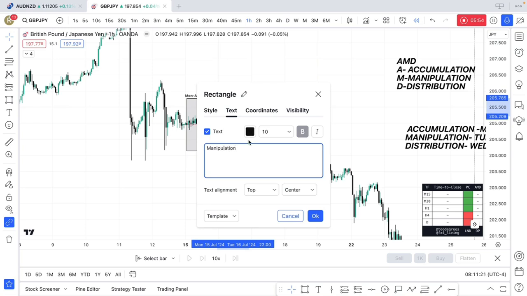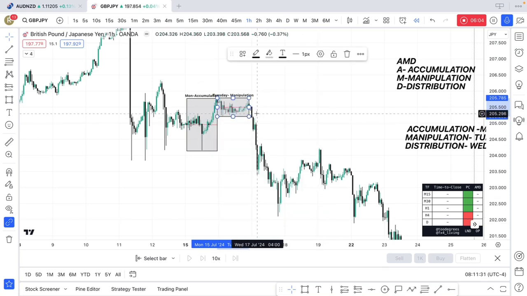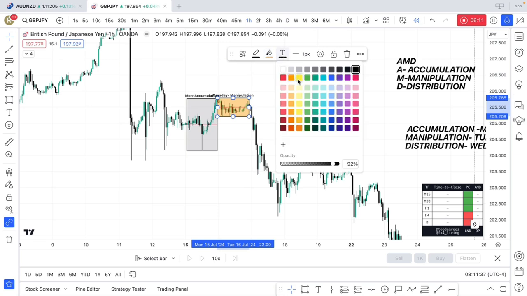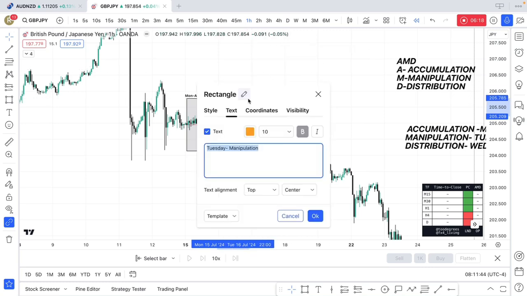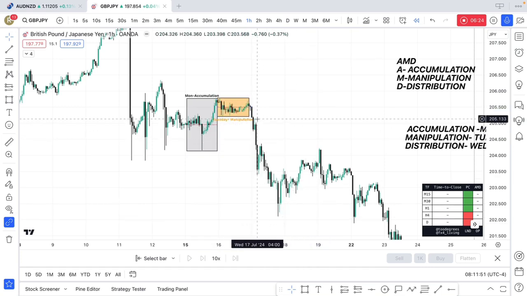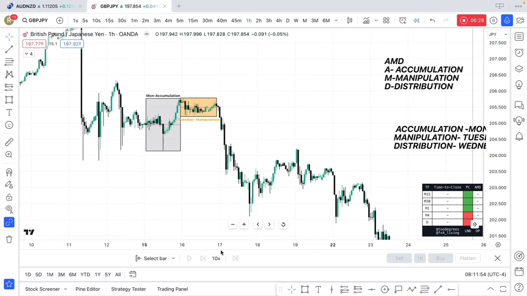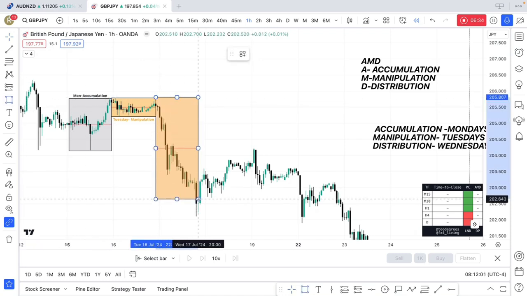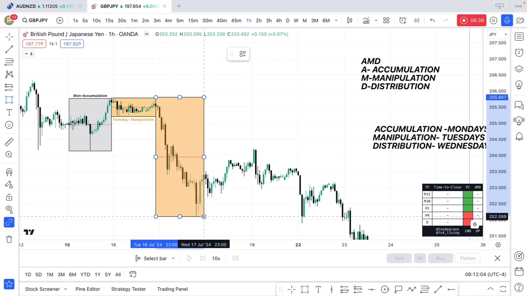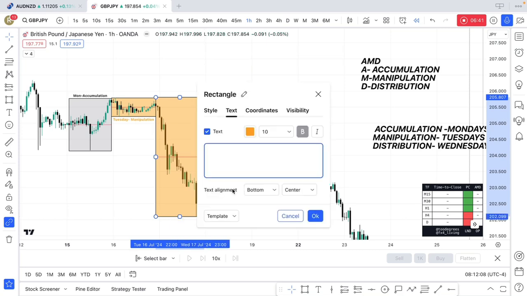Let me put the writing below this. So this is the manipulation, and then on Wednesday we have a distribution. That's Wednesday.